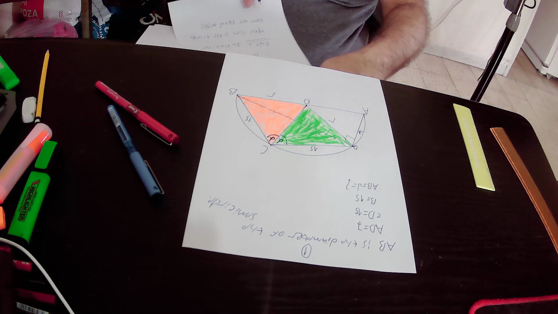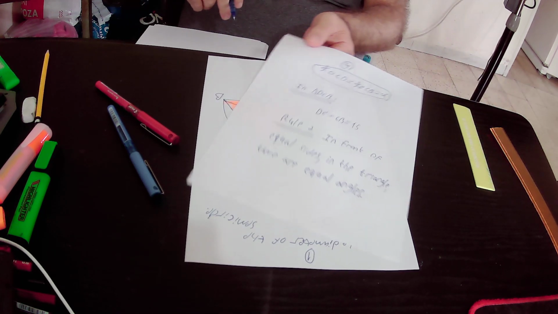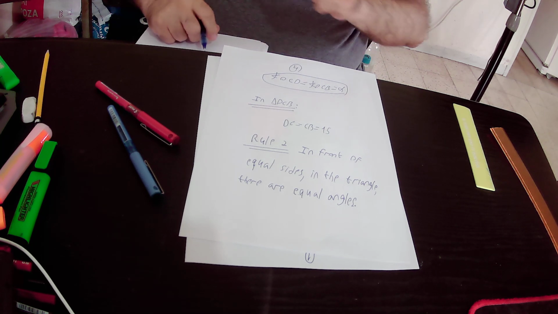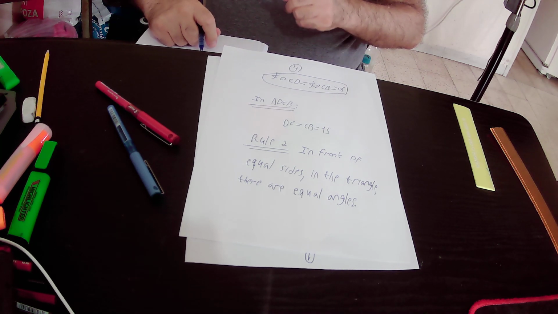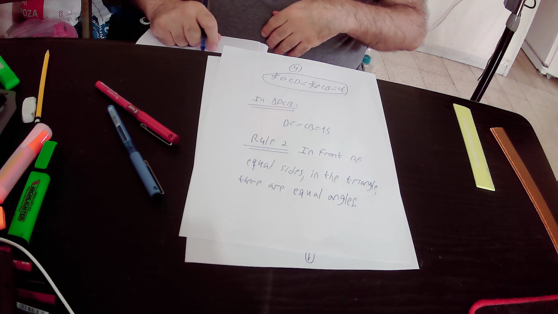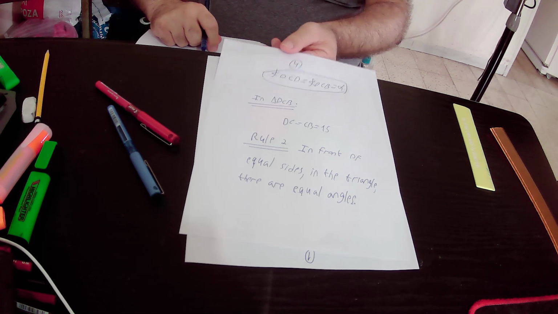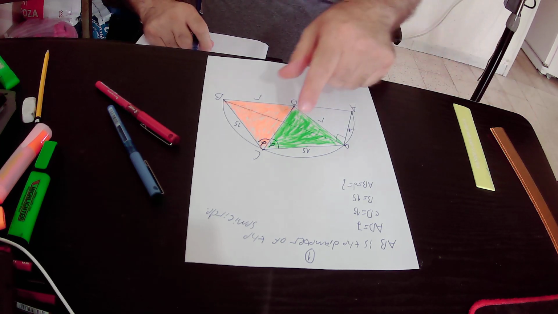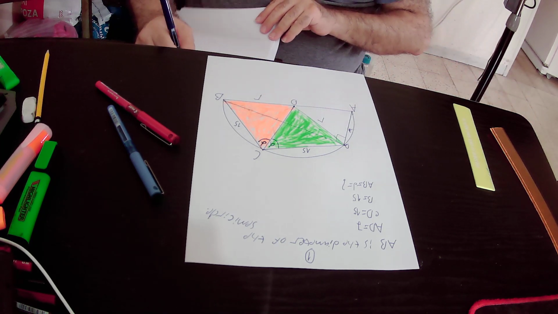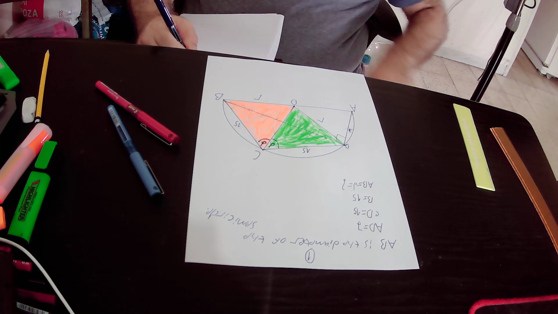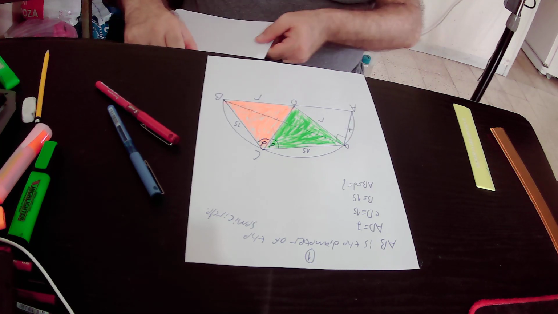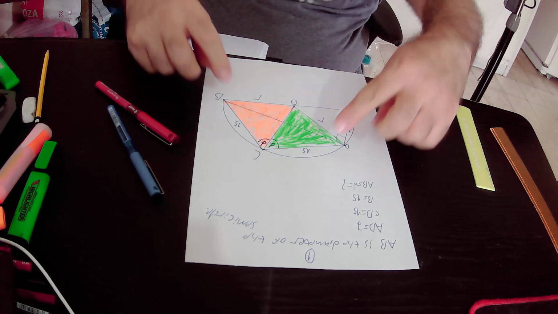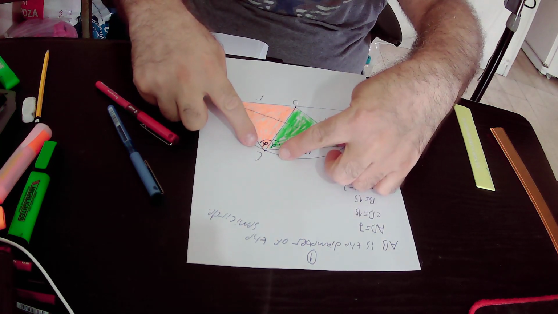So I will read rule number 2 again. Rule number 2 states that in front of equal sides in the triangle there are equal angles. So actually in triangle DCB, those two sides are equal to each other.